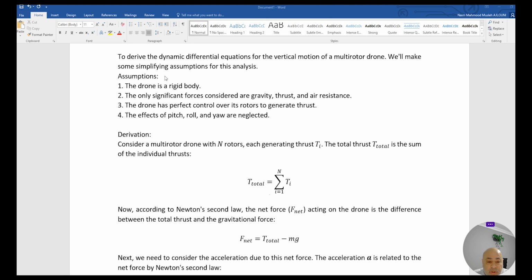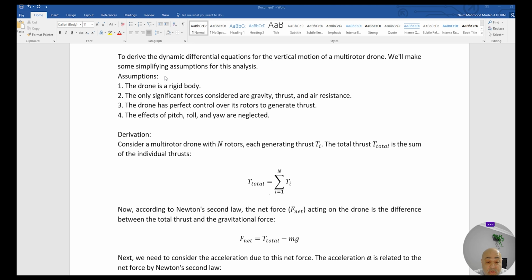Now, according to Newton's law, the net force acting on the drone is the difference between the thrust and the gravitational force. Therefore, we can represent F net as equal to T total minus mg, where g is the acceleration due to gravity.